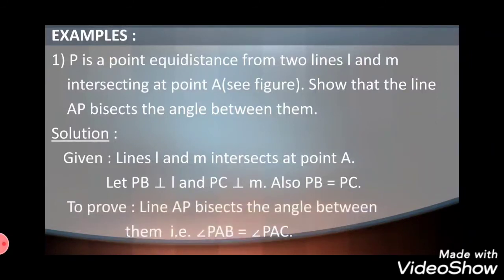To prove: line AP bisects the angle between them. The angles between them will be PAB and PAC. So we have to prove angle PAB equal to angle PAC.